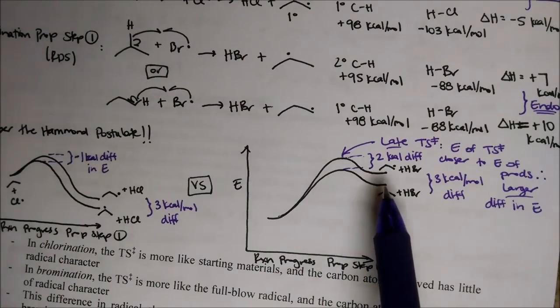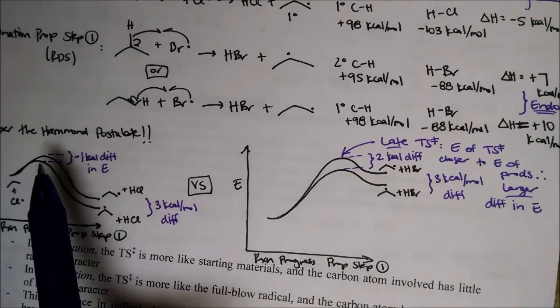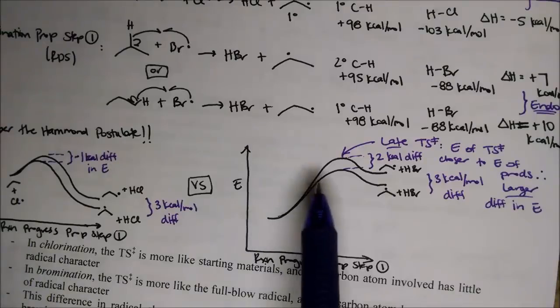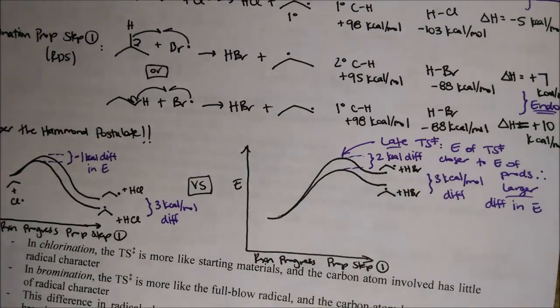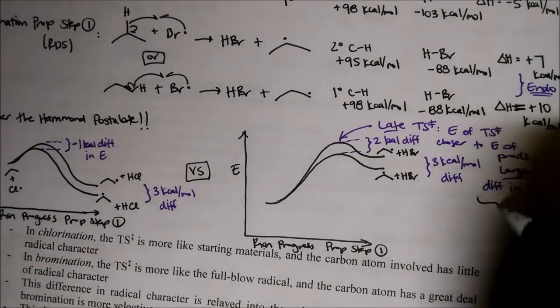It looks more like the products, where there is a difference in energy. So the difference between the two paths is going to be more pronounced than it is here. Here we don't really care as much, whereas here we want the more stable path more of the time. So I'm going to write that.